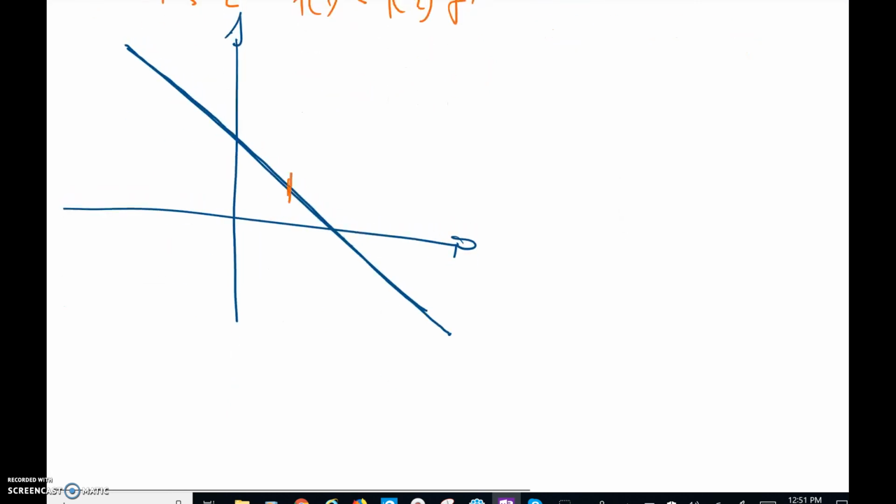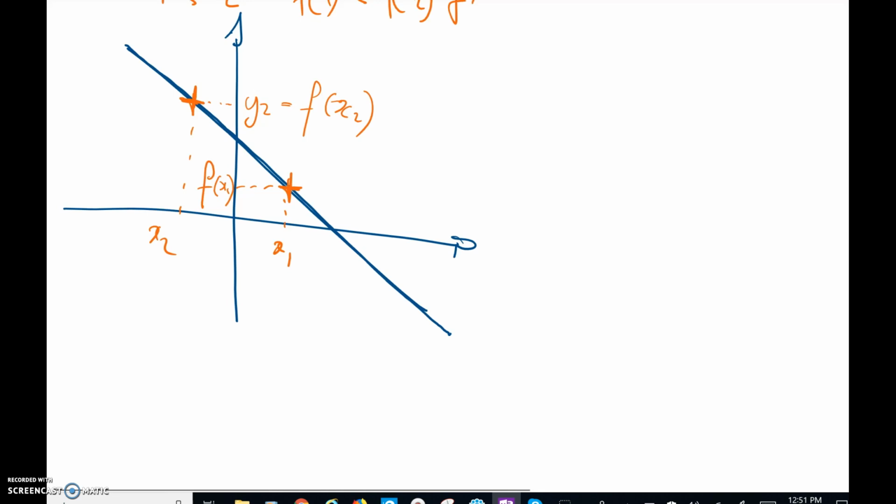I'm going to take this point right here and this point right there. I'm going to call this point x1 and this point x2. Each of these points will be defined by f of x1, which is y1, and this point right here will be y2 equals f of x2. You with me?